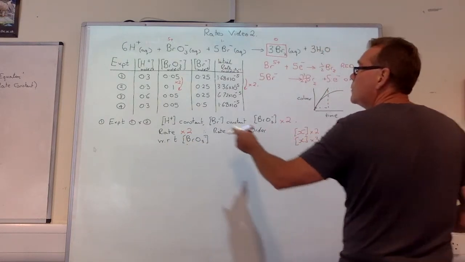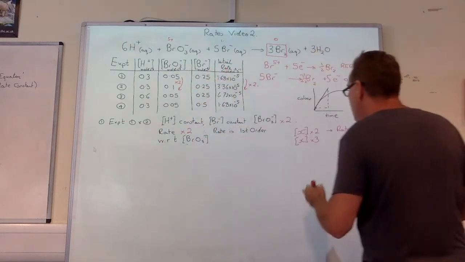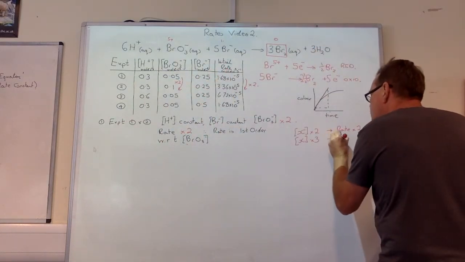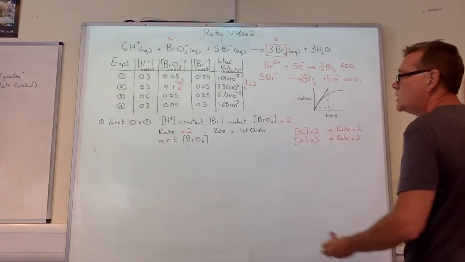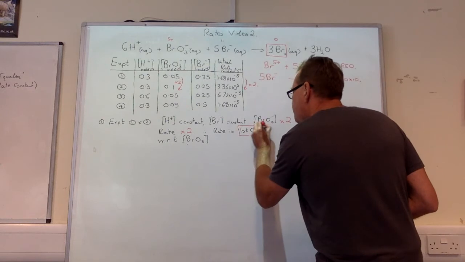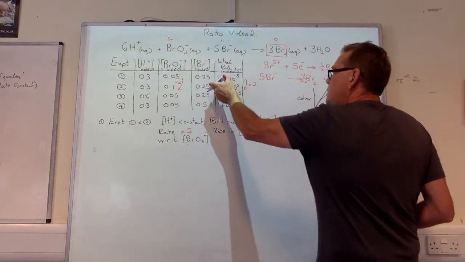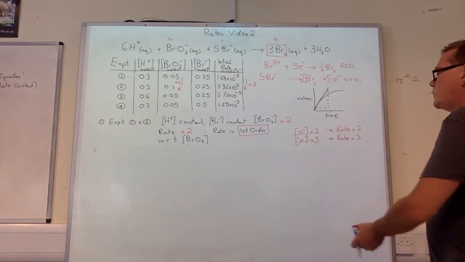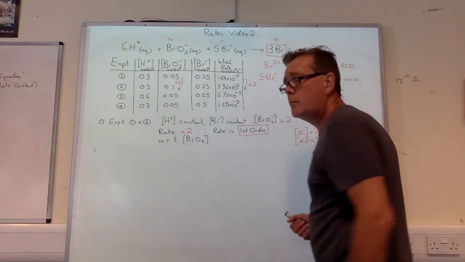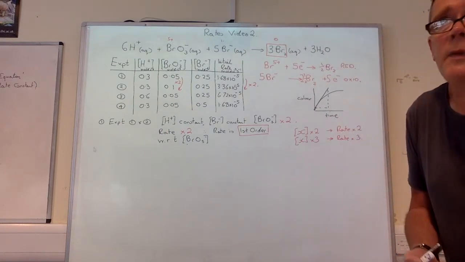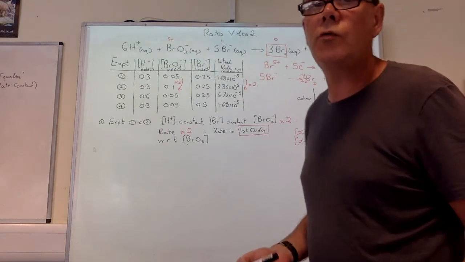Maybe you were going from 0.05 to 0.15, the rate would be 3 times faster. In other words, it's what we call a totally proportional relationship if it is first order. You double the concentration of a particular reactant, you double rate. You triple the concentration of a reactant, you triple rate. The concentration of the reactant 0.05 to 0.2, 4 times bigger, the rate would be 4 times. It is what we call a proportional relationship.